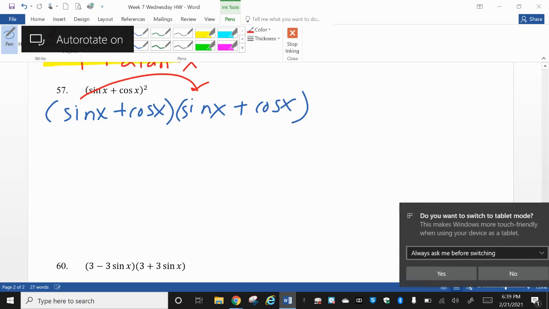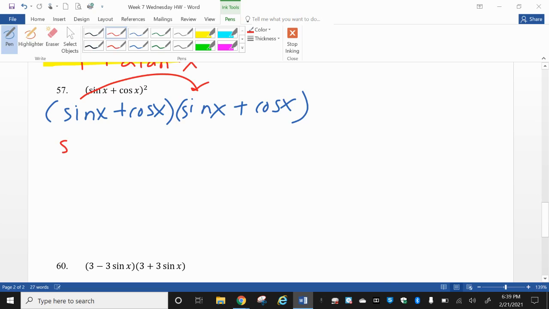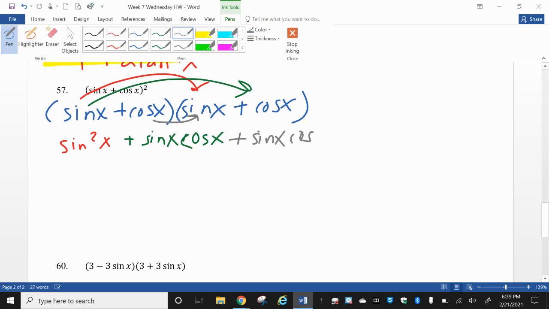So first terms will give us sine squared of x. Outer terms will give me sine x cosine x. Inner terms will give me sine x times cosine of x. And then last terms will give me cosine times cosine, which will give me cosine squared of x.